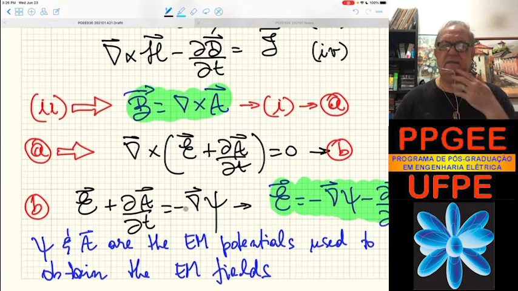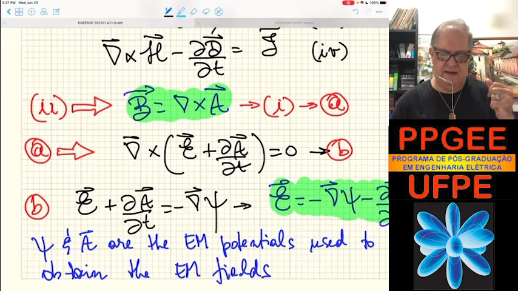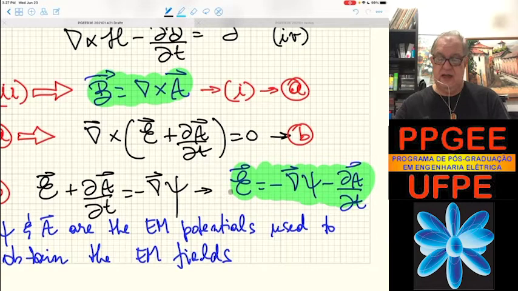It came naturally. The static potential represented energy of a point charge per unit charge. And then the second potential is being defined here. So the E field now is obtained from the scalar potential, the electromagnetic potential psi, and the vector potential A. So if we find psi and A, we determine E like this.